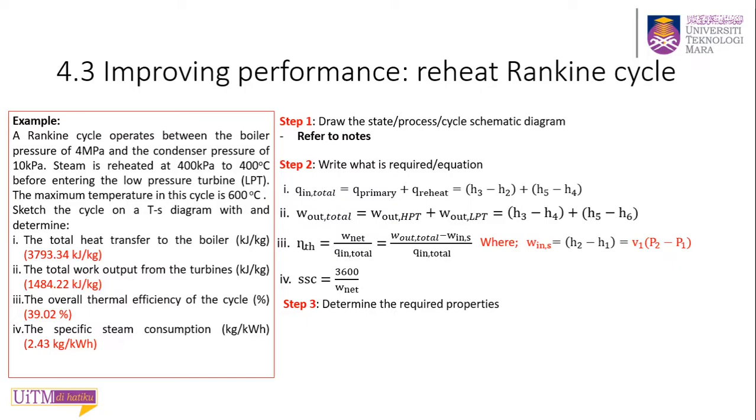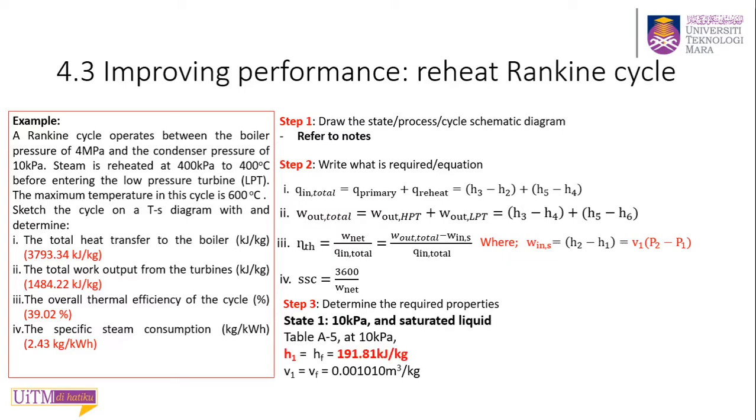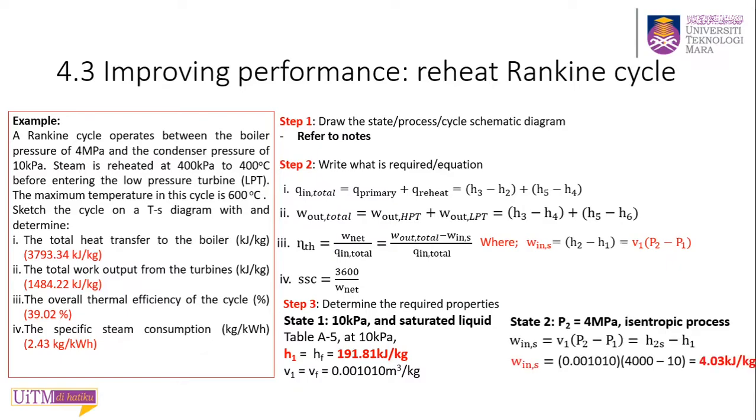For step 3, find the required properties at each state. At state 1, using the given properties, we can read the specific enthalpy and specific volume here at state 1. At state 2, since the process is an isentropic process, we can calculate the ideal work input by using the following equation, and subsequently we can calculate the ideal specific enthalpy here at state 2.